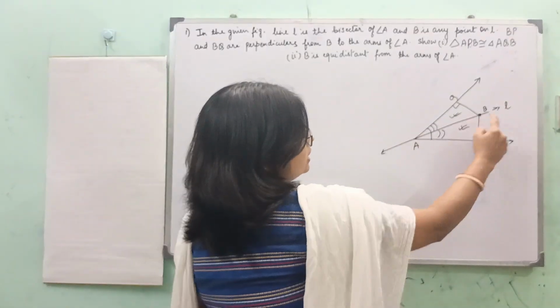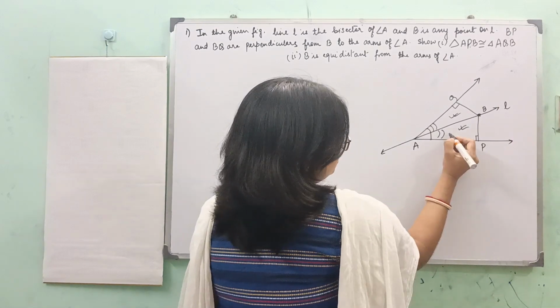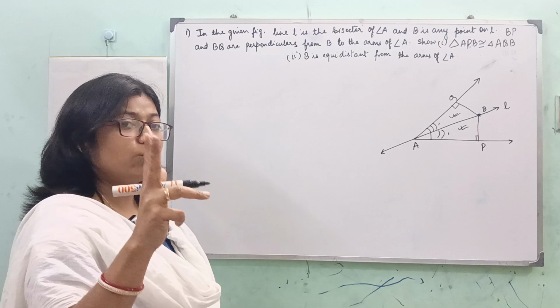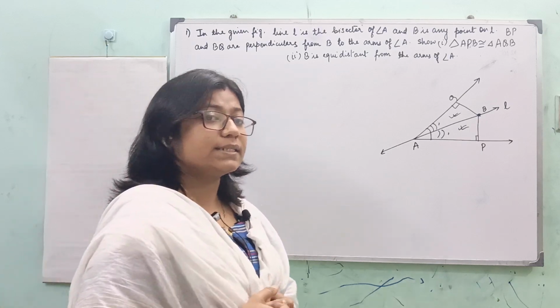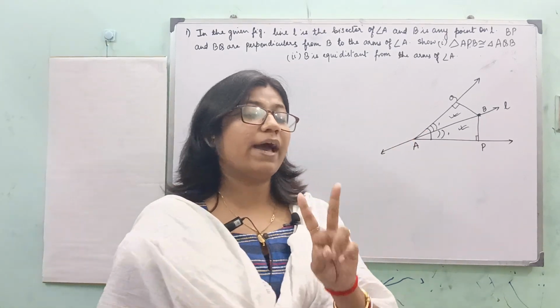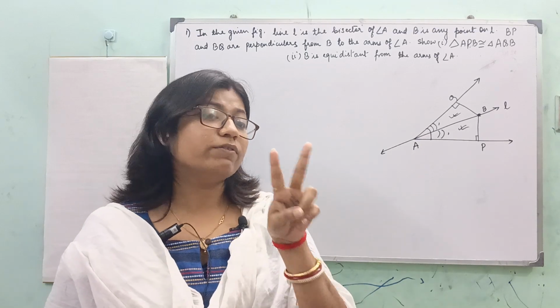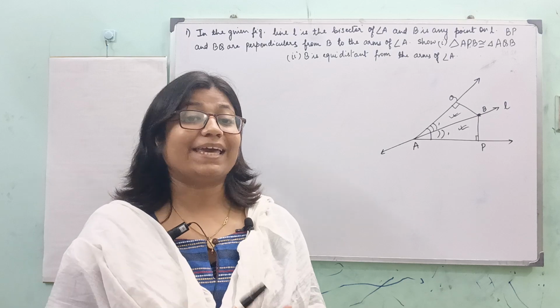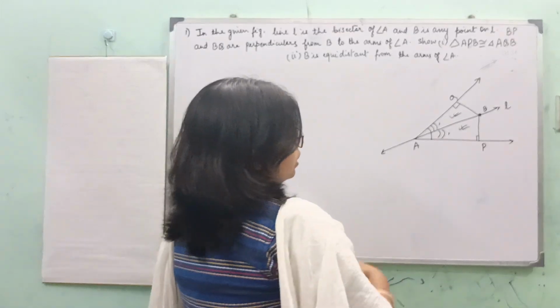Second, because this is the bisector, these two angles are equal. So we have two angles. That means we have two axioms which involve two angles. Either it can be the angle side angle rule, or the angle angle side rule.